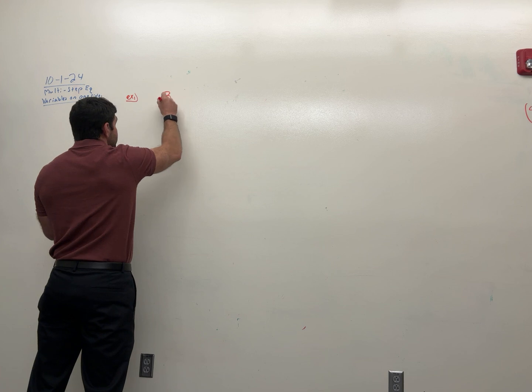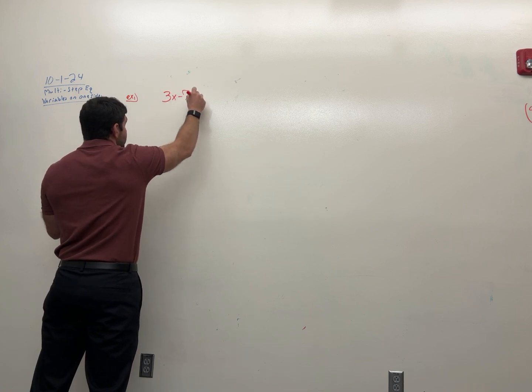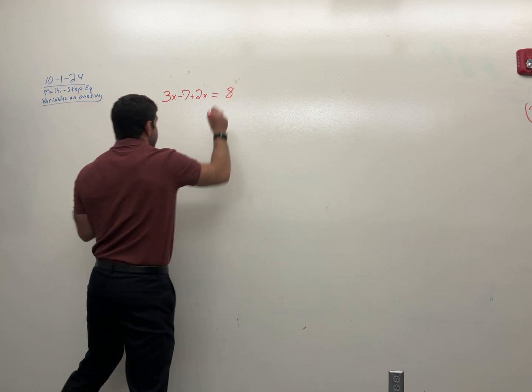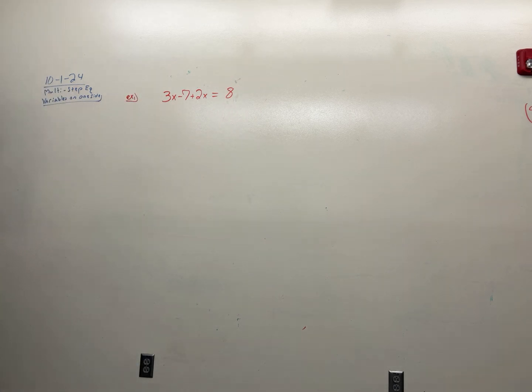It's going to say 3x minus 7 plus 2x equals 8. I would copy this down. Again, I wouldn't put all of this on this sheet. So pick and choose which example. Maybe put them all on a separate piece of paper, and then choose one equation to go on that sheet that you can use as reference.